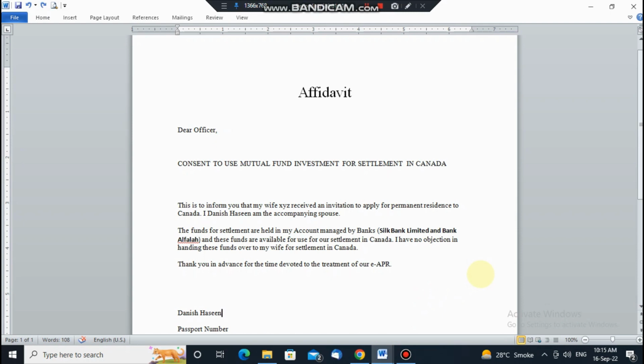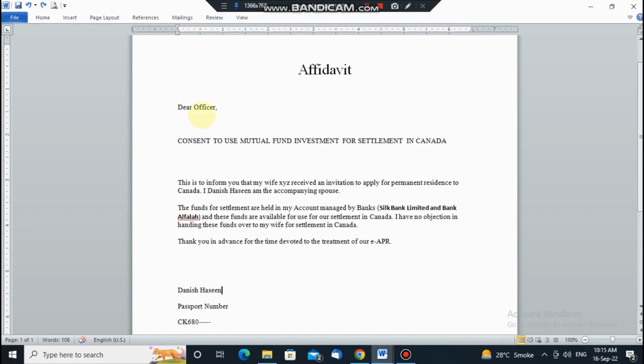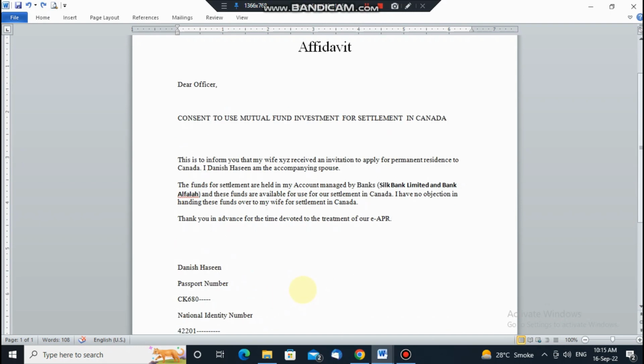No need to give the affidavit on stamp paper. Simply you can write it. You can read this easily, I think. Then you have to write your name, passport number, and your national identity number and some like that.